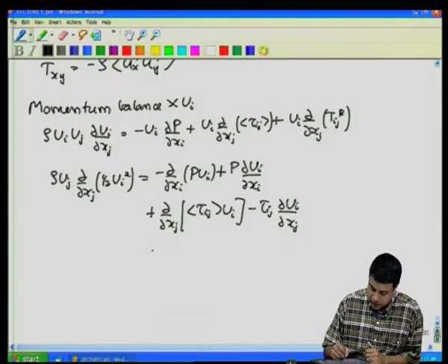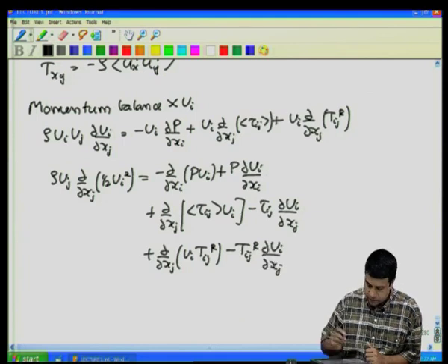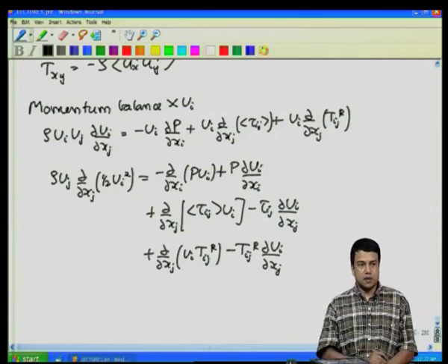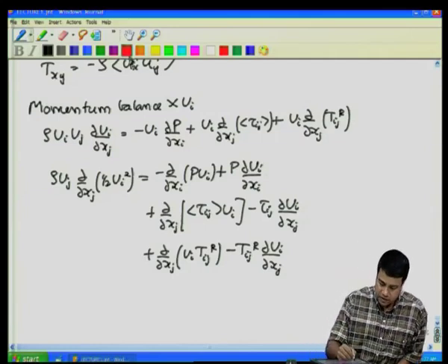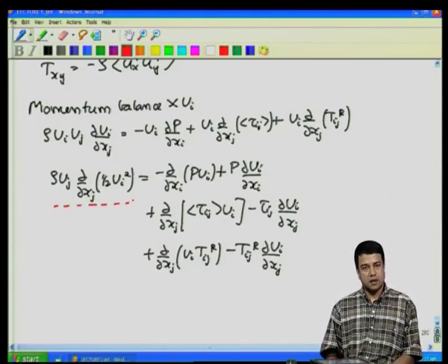And then the last term here is plus partial by partial xj of ui times the Reynolds stress. Let us look at these three terms in series. This first term is the convective derivative of the kinetic energy itself.